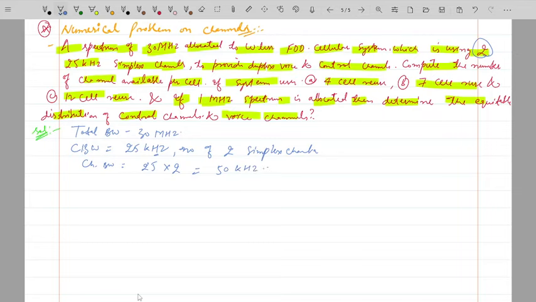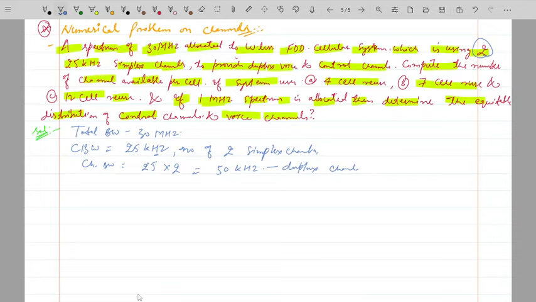This is the duplex channel. So the 2 simplex channels are multiplied with the channel bandwidth of 25 kilohertz to get the channel bandwidth for duplex.